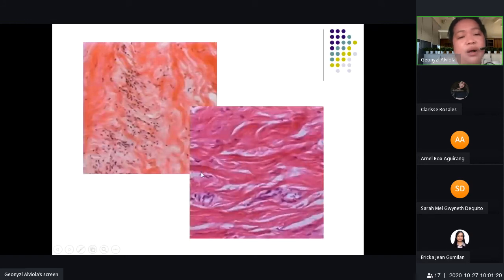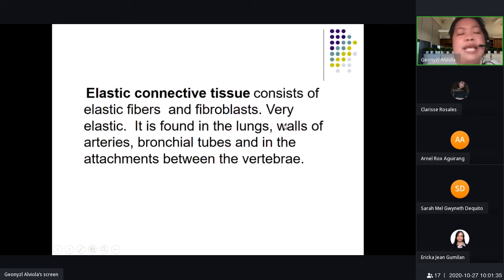So this is how the dense irregular connective tissue looks like. Ito galing ito sa dermis. So after sa epithelial tissue. Next, the elastic connective tissue consists of elastic fibers and fibroblasts.